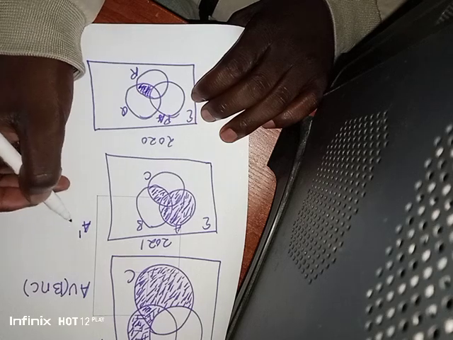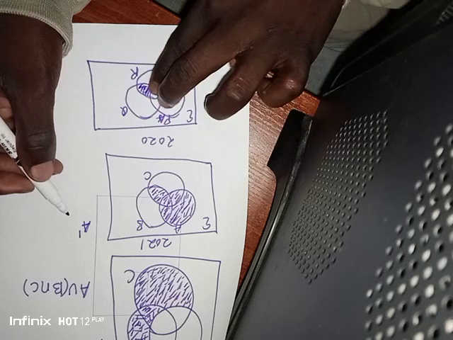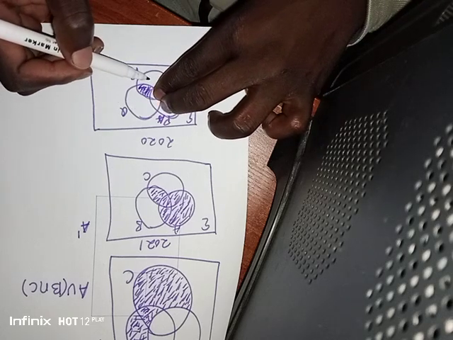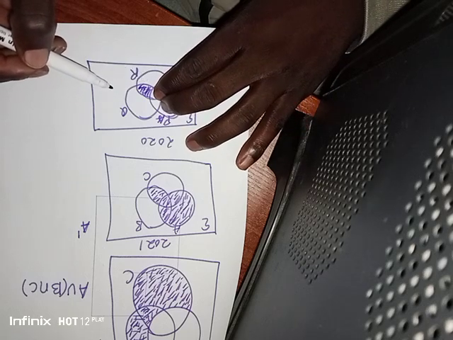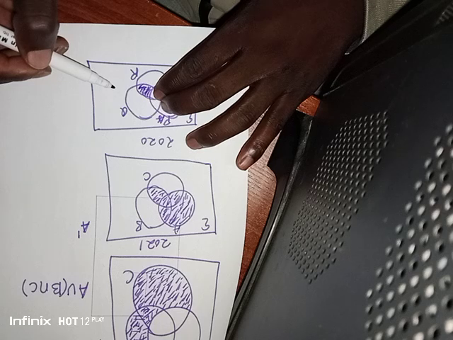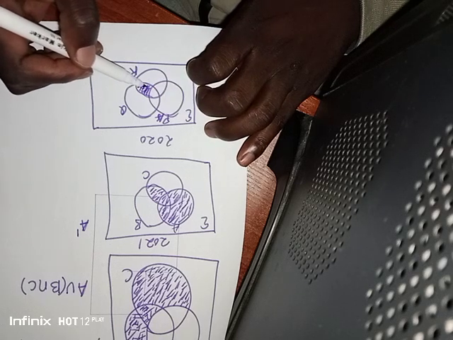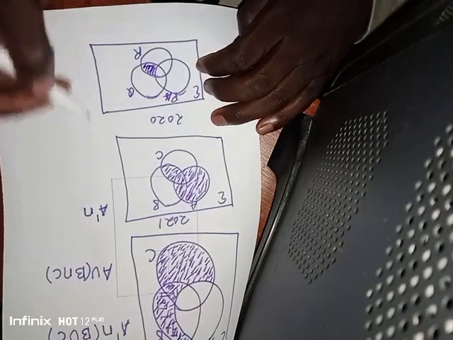If I say union, meaning that if I say union, just removing A, I'm also including this A, even the outside. In this case, that's not my interest. My interest is just this part which is here. So I'll say intersection.